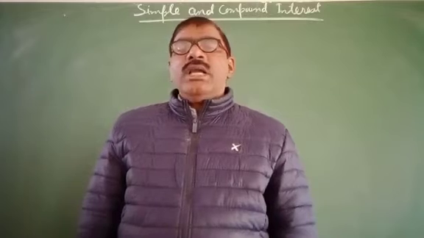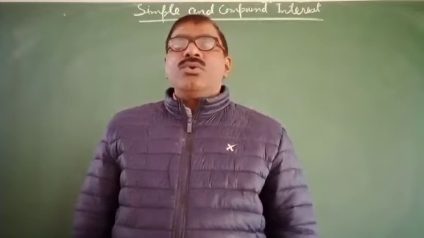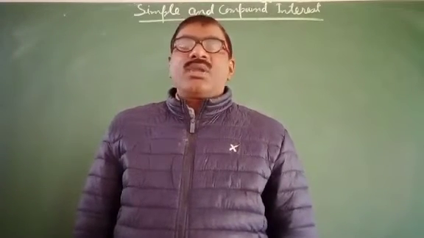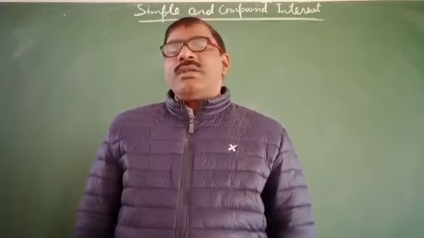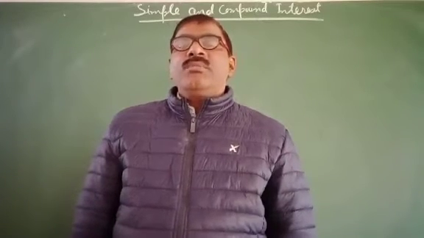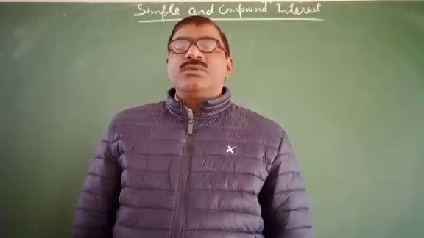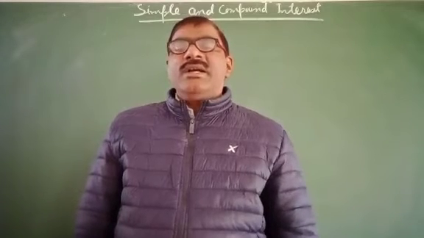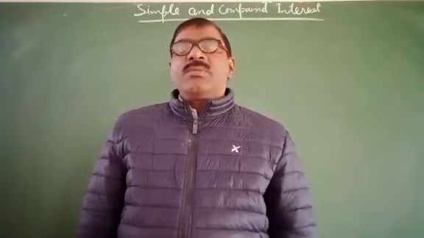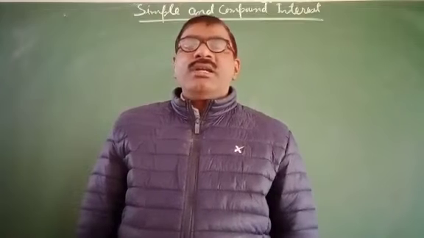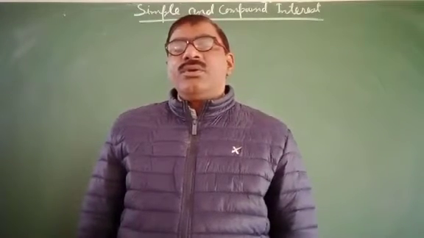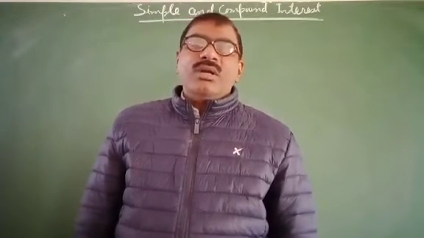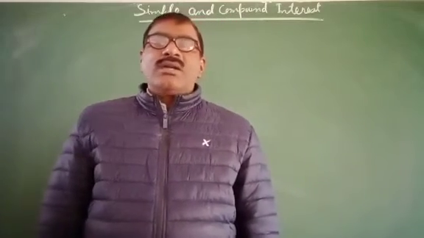Now if you have to find interest quarterly, then we multiply time which is given in years by 4 and divide interest by 4 and we get quarterly.